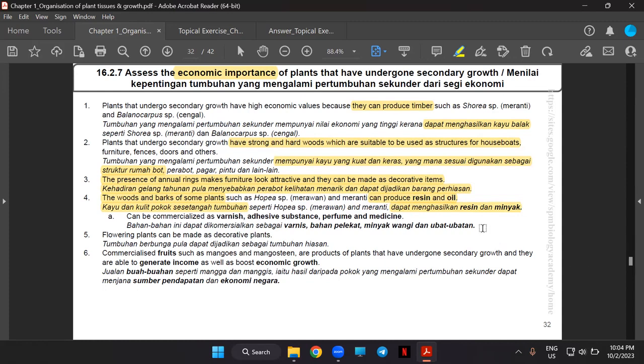You pilih jawapan mana yang kamu nak tulis. It's up to you. 3 marks, 3 points. Yeah, Dinesh Kumar, you get 2 marks for your answer. You need another one. Tulis dulu.